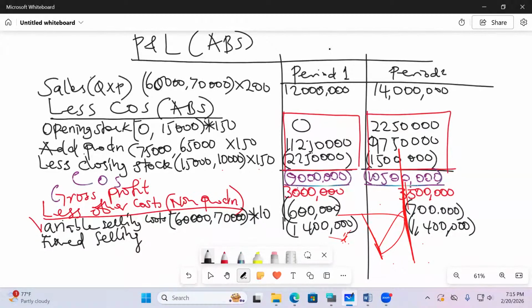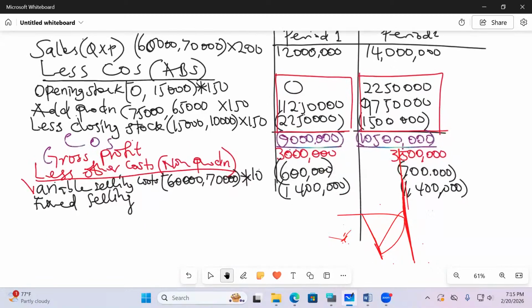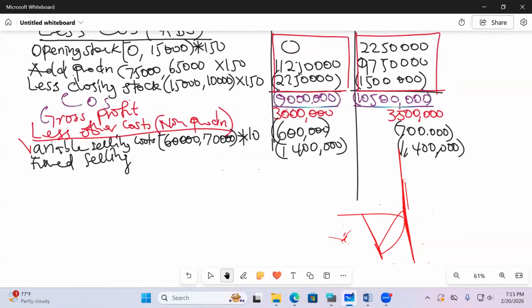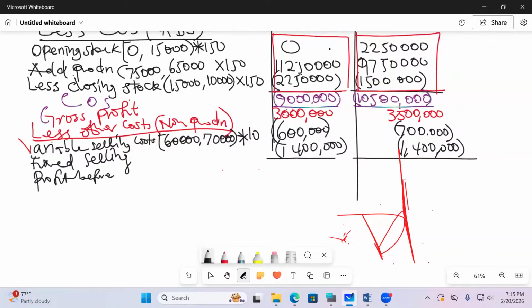Is there any other non-production cost here? No, isn't it? So you'll be able to subtract to give us what we call profit before... So just tell me here that we have profit before overhead adjustment, to simplify language.